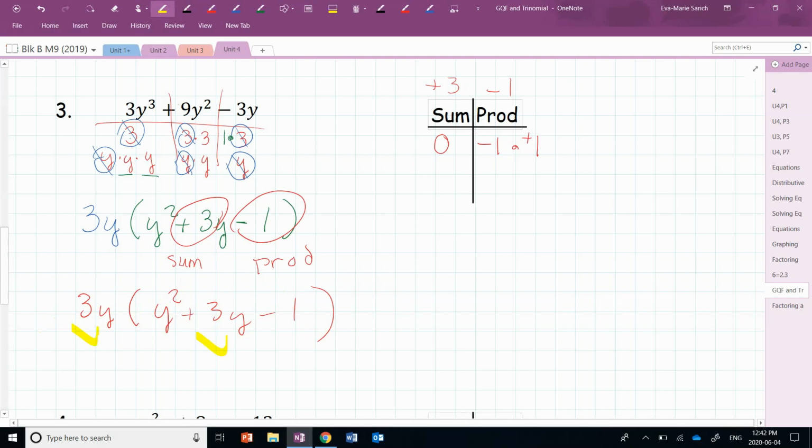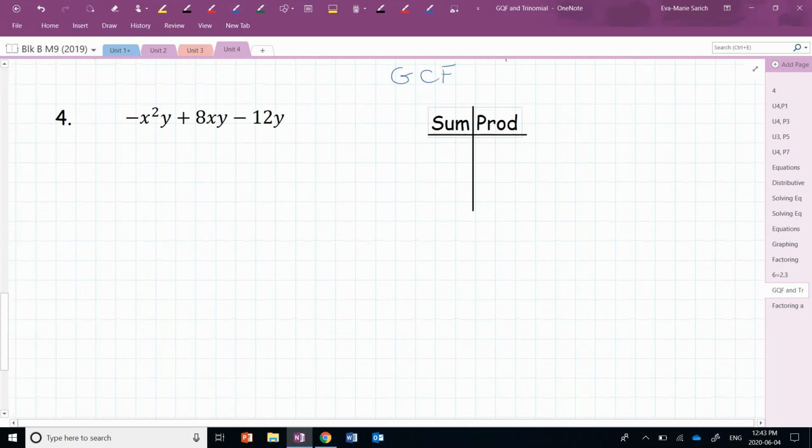Okay? So this one does not factor farther than the GCF, right? So the trinomial didn't factor any farther. Okay, one last one, okay?